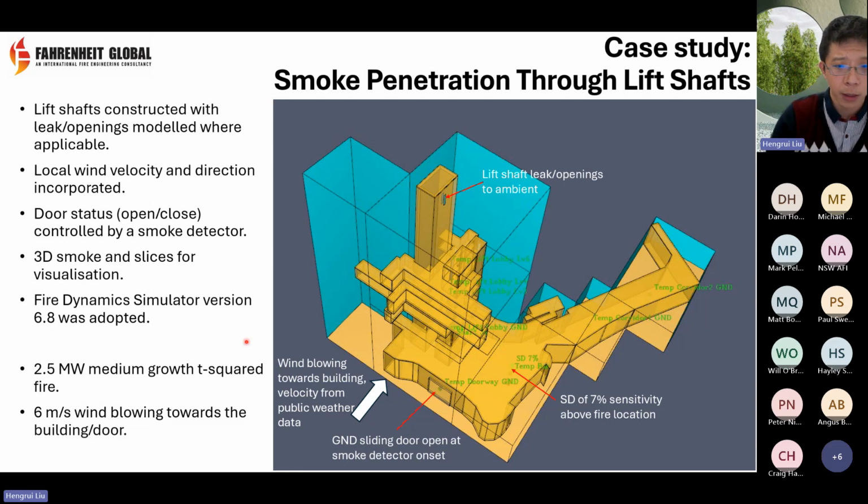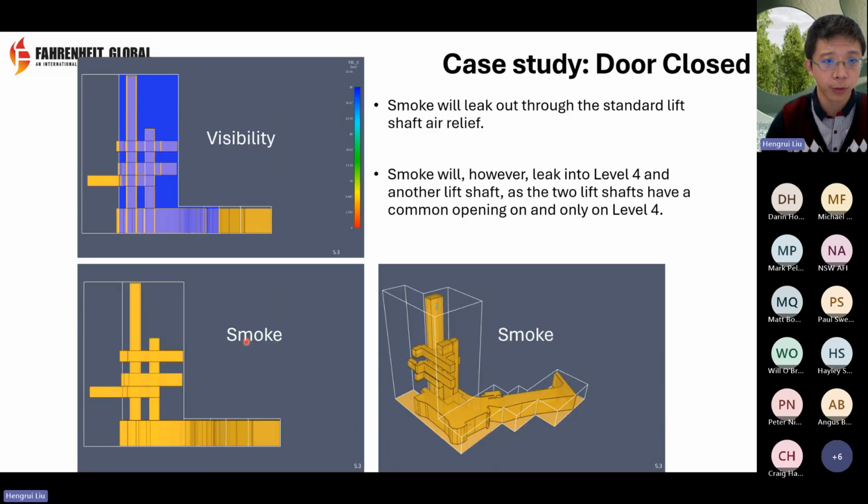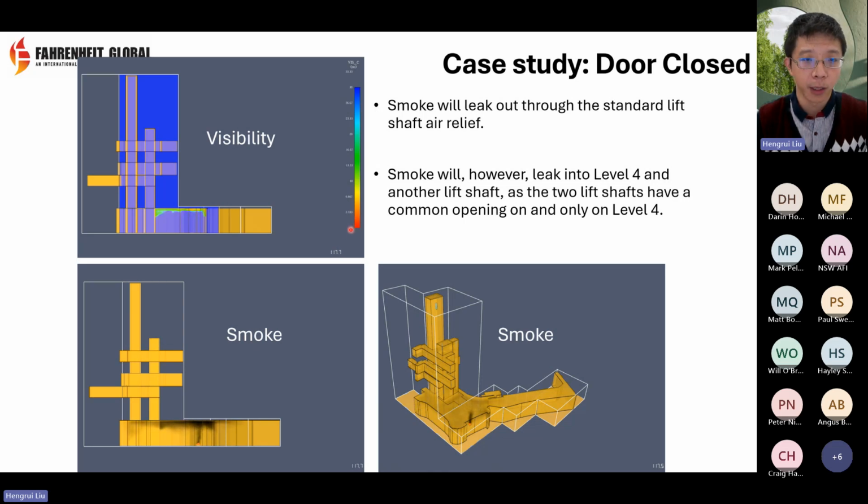So similarly, let's have a look at the results. I'm showing you visibility and smoke. Visibility is something we can see through CFD as well, so we can know how badly these levels are affected by the smoke. The darker color towards red means you can't really see anything, that's 0 meter visibility. Towards the bluish level means you have a clear view.